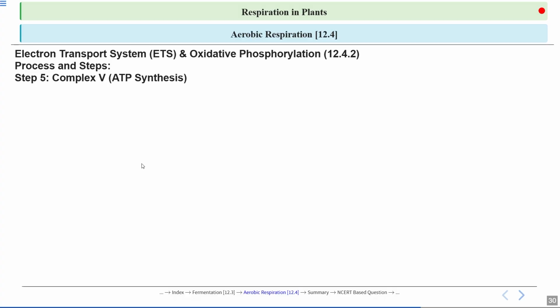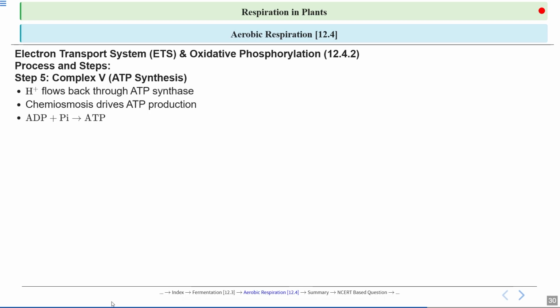The next step is complex 5, or the process of ATP synthesis. Here, hydrogen ions or protons flow back through the ATP synthase enzyme. This movement of protons is called chemiosmosis, and this is what drives the production of ATP.